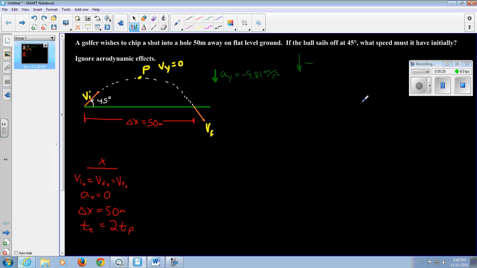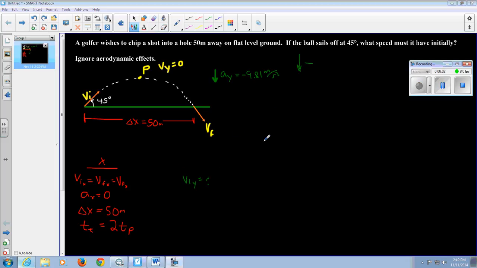Okay, so let's also list what we have in our y direction. In the y direction, we have the following information. We don't know the initial velocity in the y direction. That's a question mark. And because we have some information at the peak, let's analyze this at the peak position.